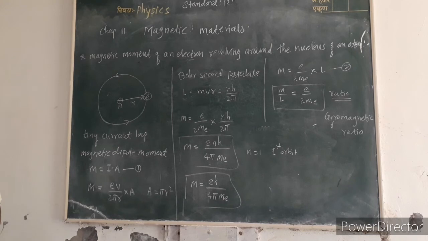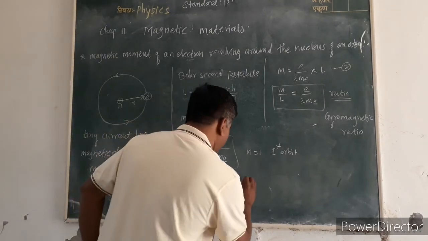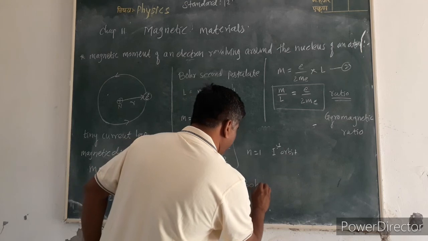Now this equation gives eh upon 4 pi m_e. This quantity is called the Bohr magneton.